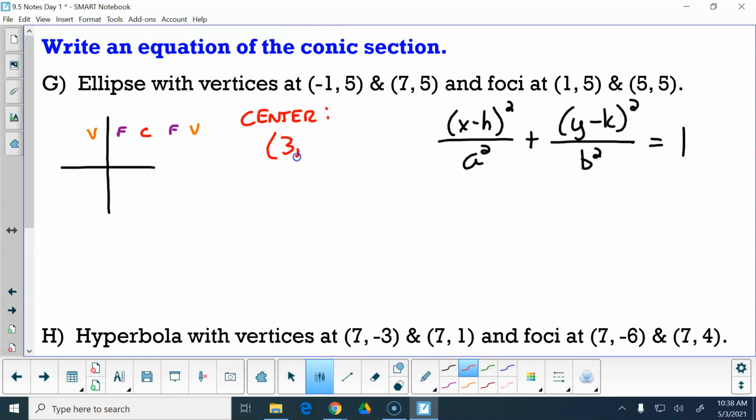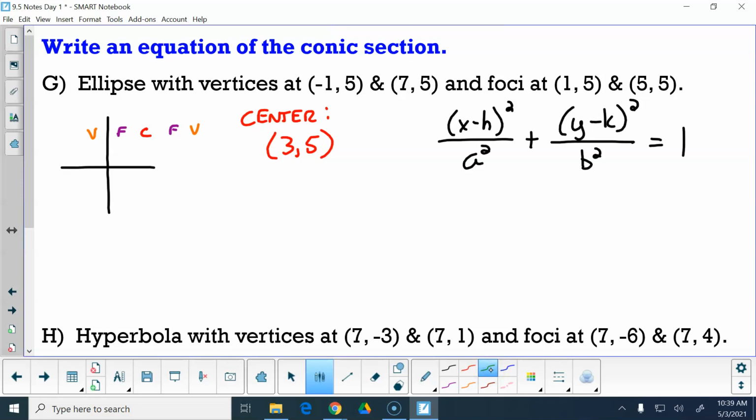So I've got a center at 3, 5. Agree? The midpoint of the vertices, -1 plus 7 is 6, divided by 2 is 3. 5 plus 5 is 10, divided by 2 is 5. So 3, 5. Midpoint of the foci, 1 plus 5 is 6, divided by 2 is 3. 5 plus 5 is 10, divided by 2 is 5. So there's my center, that's my h and my k.